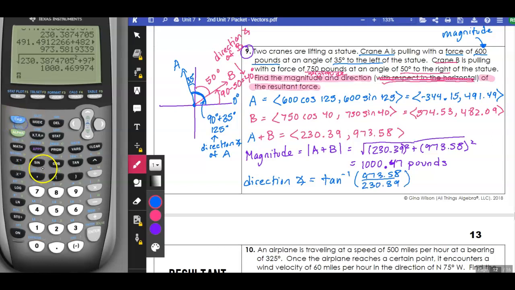So I do inverse tan of the B value over the A value, and I get 76.69 degrees. So all of that just to find two numbers.